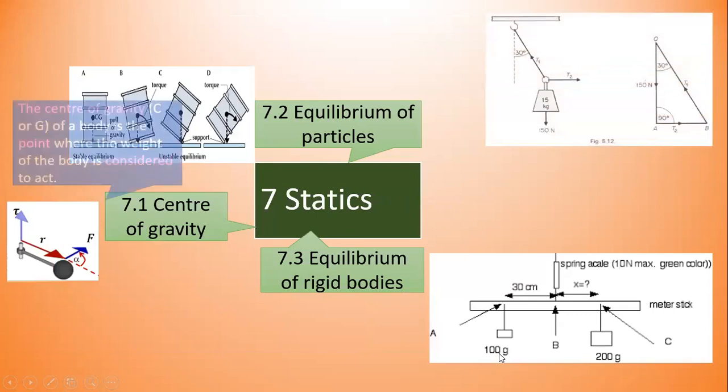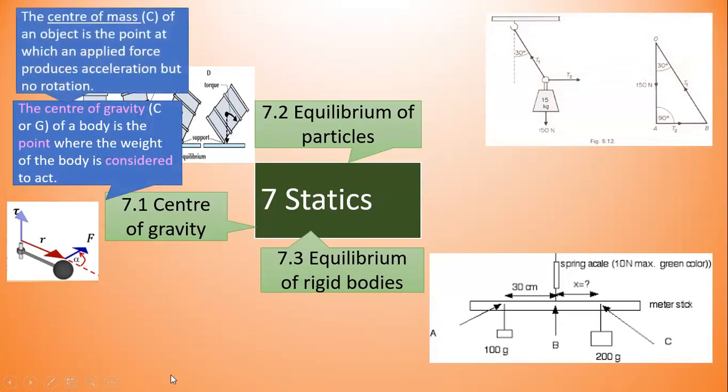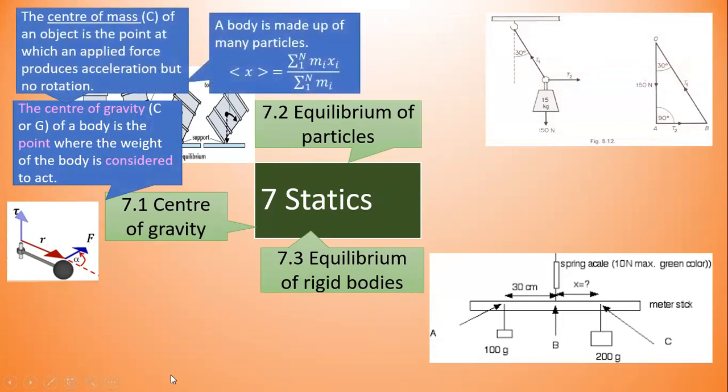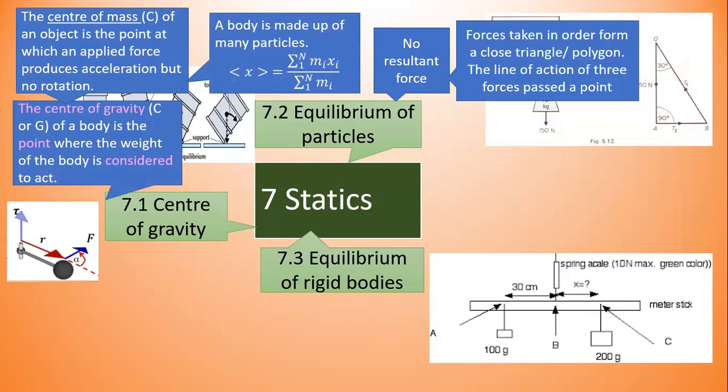Okay, so we can summarize it. Center of gravity, know what is center of gravity? What is center of mass? How to calculate center of mass? Equilibrium means no resultant force. Forces taken in order form a closed triangle or polygon. Then the lines of action of three forces pass through a point.